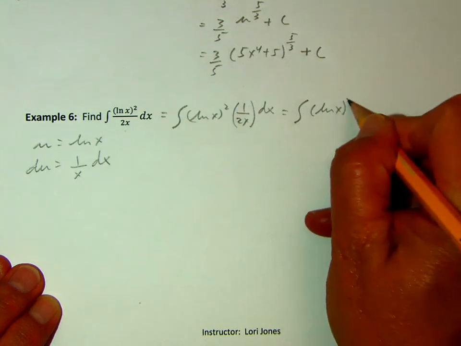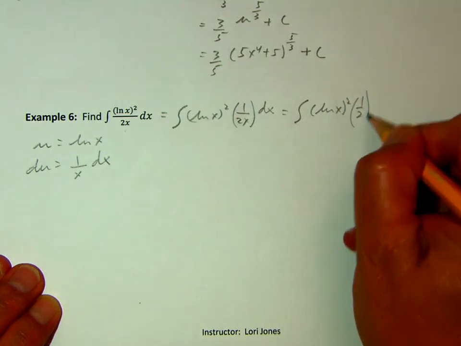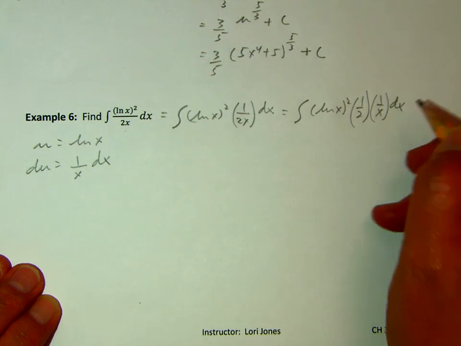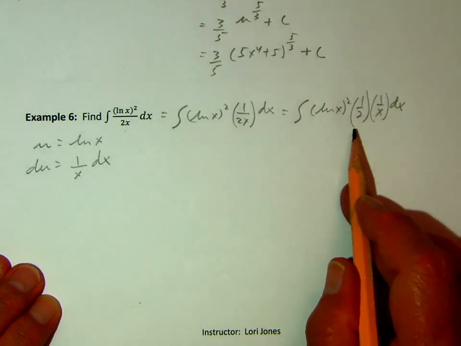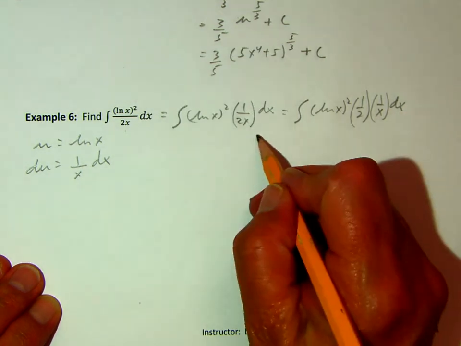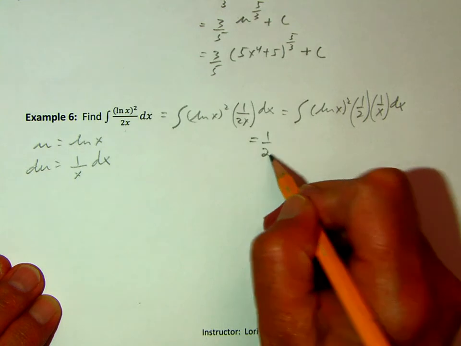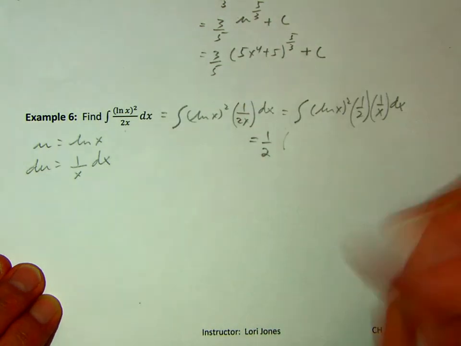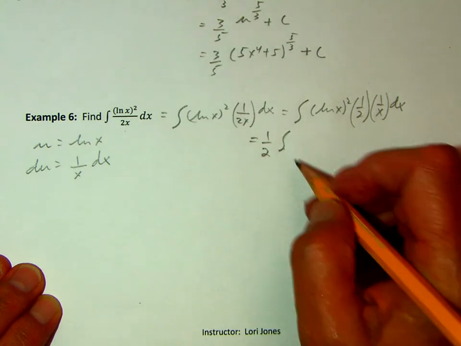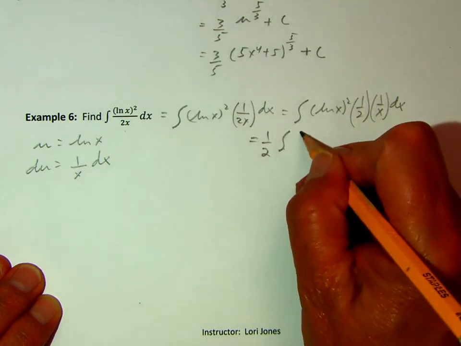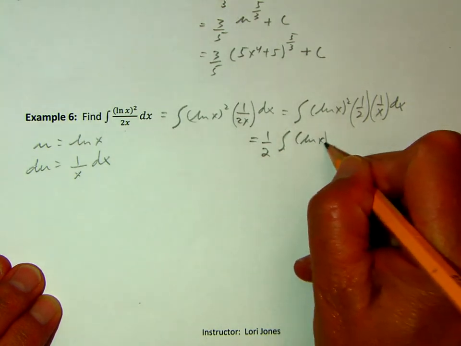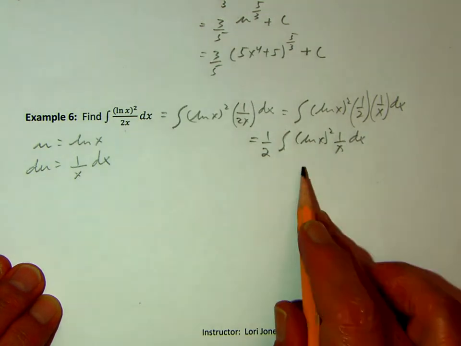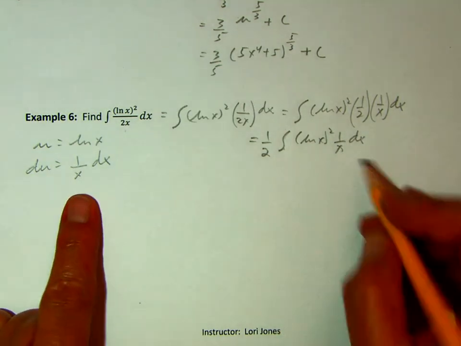When I look here, I can see that this is the same thing as natural log of x squared times a half times 1 over x dx. So I can pull this 1/2 out. And now I'm perfectly set up for my substitution.